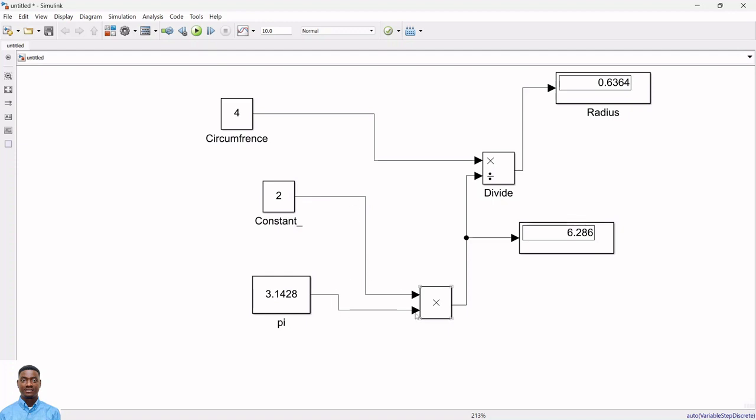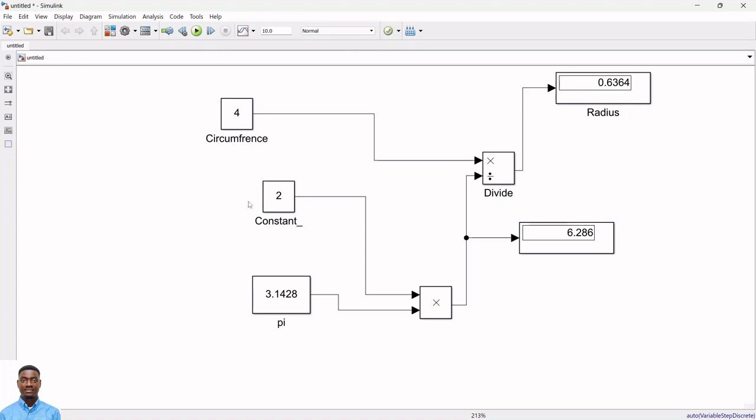Also, this signal wire here carries the value of this 3.1428 into this block, and this signal wire here carries the product of these 2 as the output from here into this division input of this division block. So a block is a processing element which operates on input signals and parameters to produce output signal.